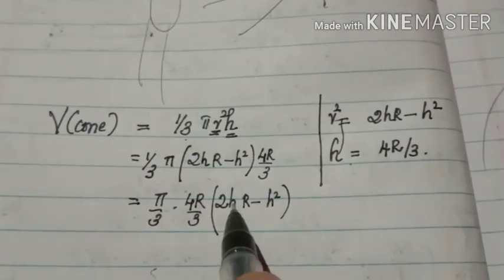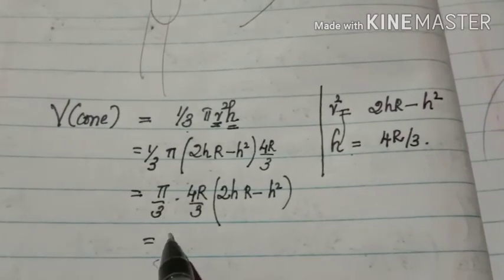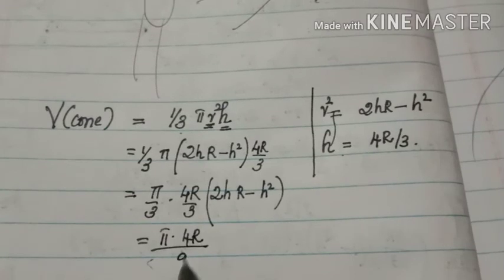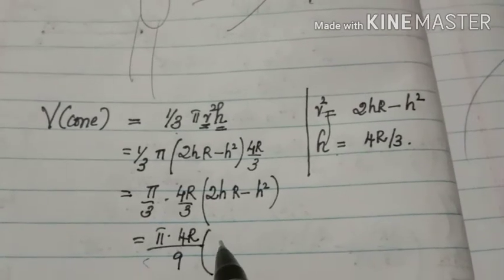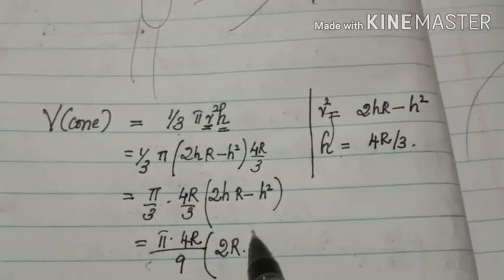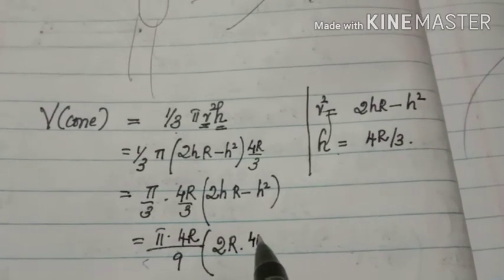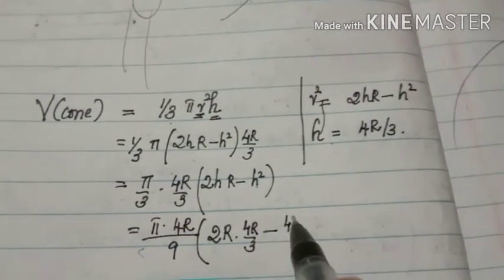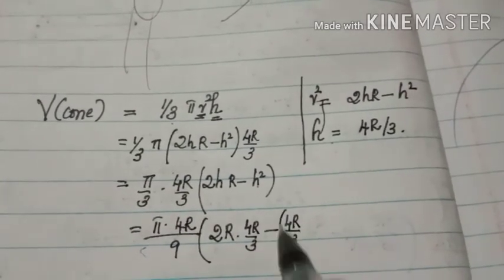Again replace this h. So this becomes pi into 4r by 9 into 2r, see, this h becomes 4r by 3, minus h square becomes 4r by 3 whole square.